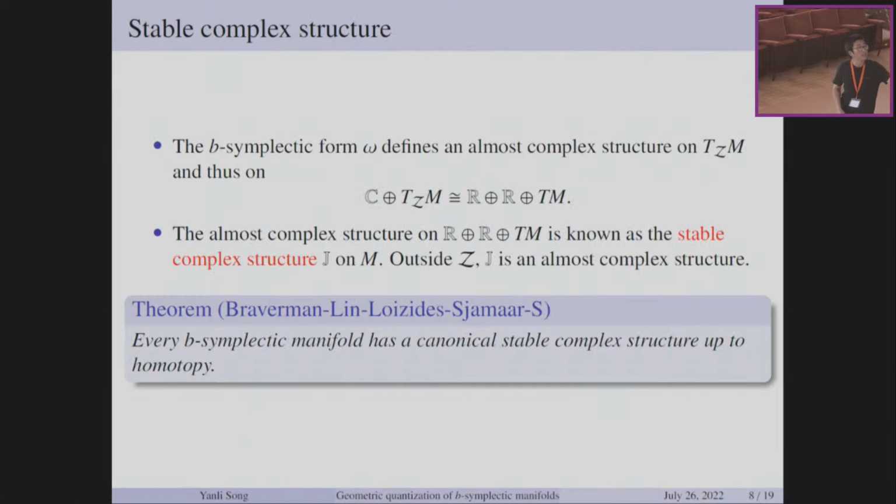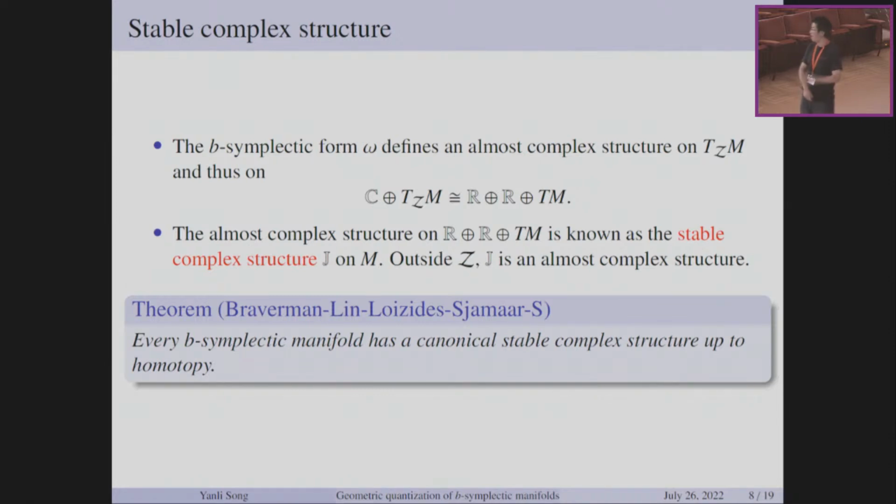Okay, so we are going to use this small but useful observation, that the b-symplectic form defines an almost complex structure on the b-tangent bundle, and we can direct sum with a trivial complex bundle C, and C is R2. Using the previous isomorphism, we can identify the left-hand side as R direct sum with R, direct sum with the tangent bundle.